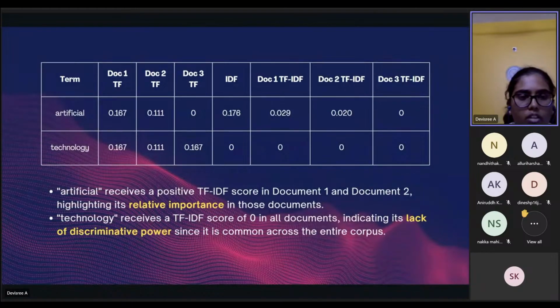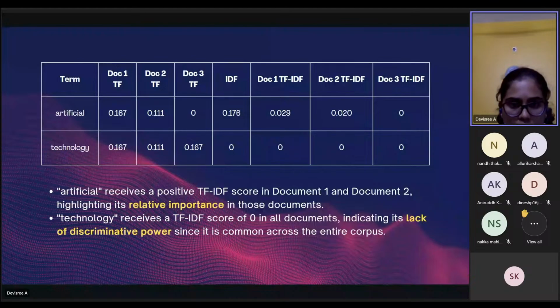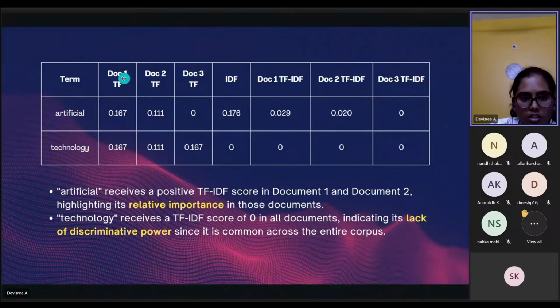In this table, I've calculated the TF scores for both these words, and also the IDF scores and the TF-IDF scores. One thing to note is that the TF score for a particular word is different for different documents. For example, for artificial, the TF score is calculated for each document here.